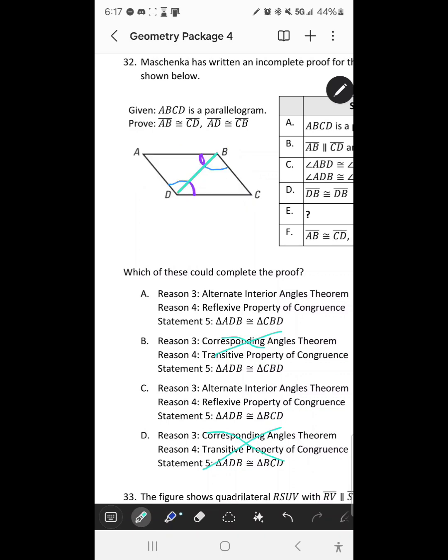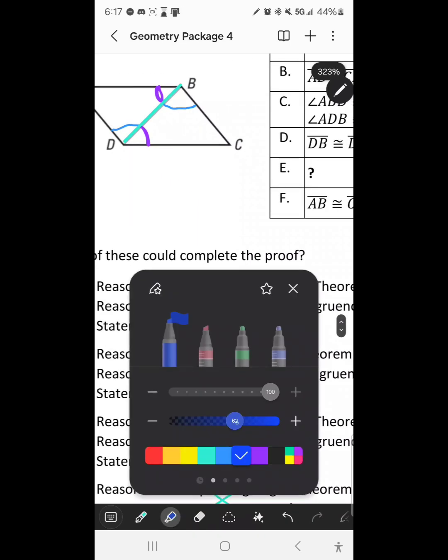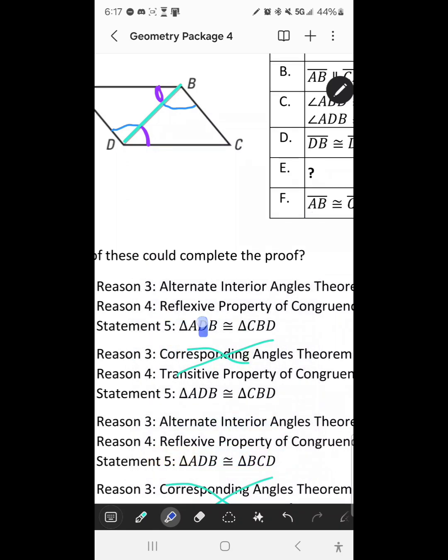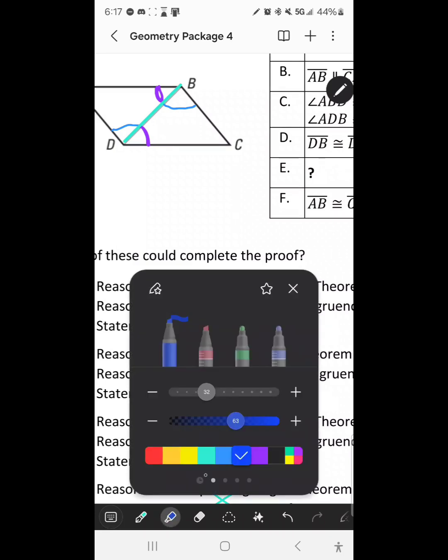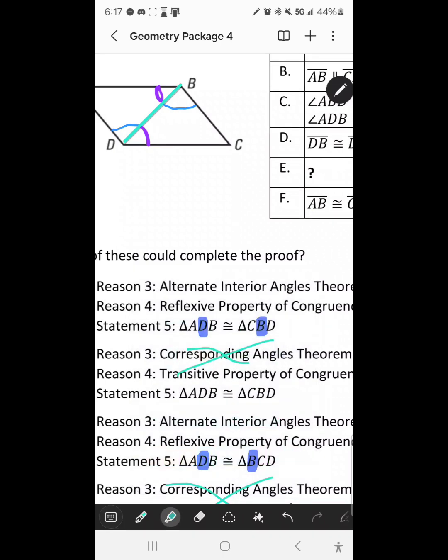Now, let's see something. We know that D goes with B. So I'm going to make sure that D here goes with B here. They are on the same side. Now let me do this.